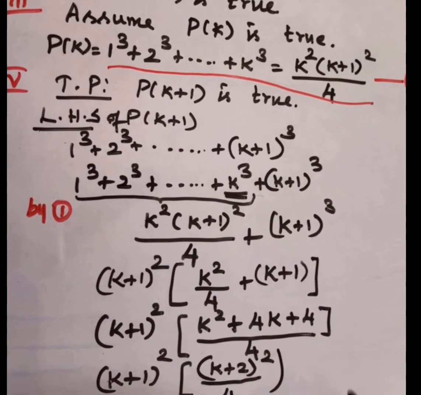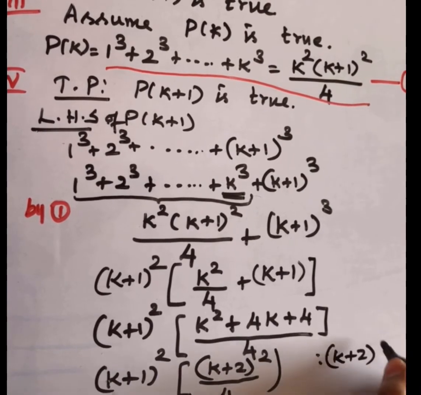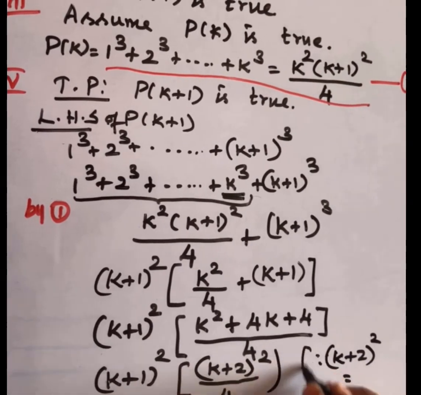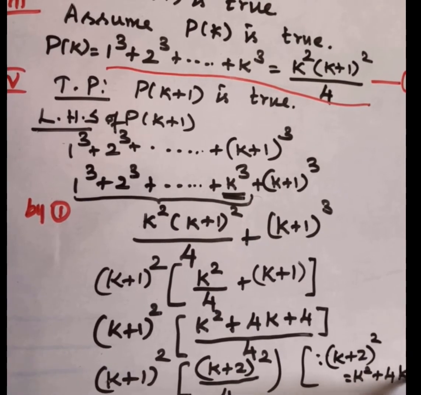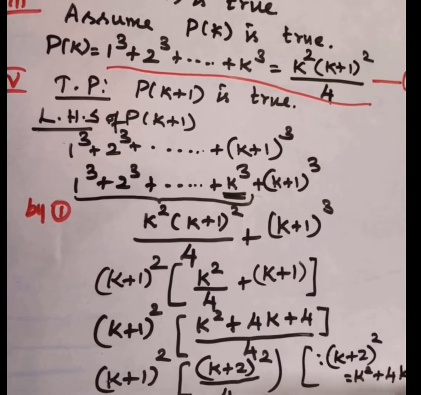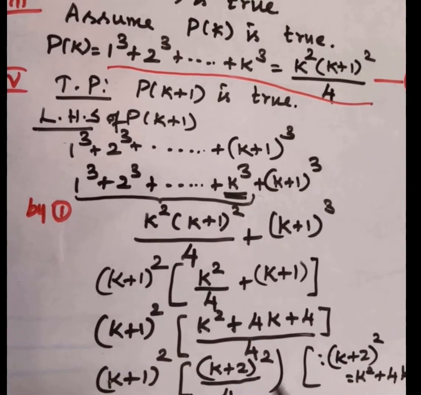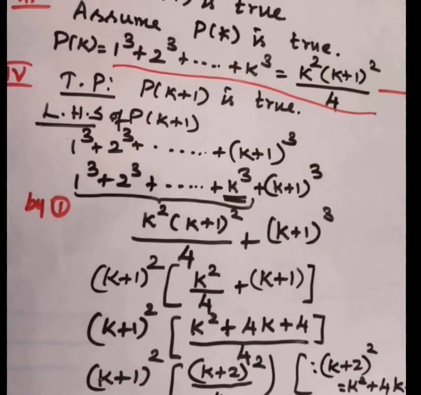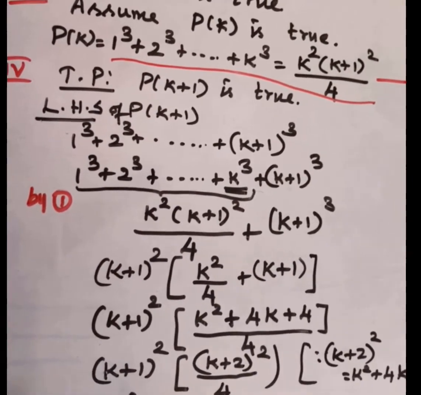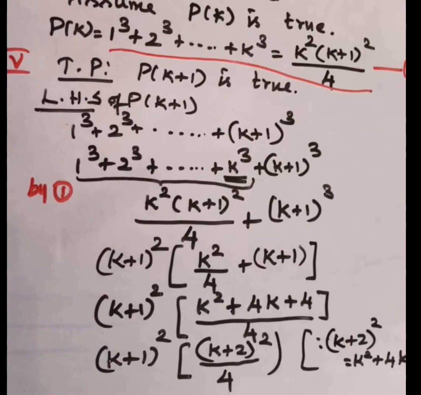You know what is k plus 2 the whole square? Since k plus 2 the whole square is equal to k square plus 4k plus 4, isn't it? So instead of k square plus 4k plus 4, I have written k plus 2 the whole square. Okay, so the given expression is now k plus 1 the whole square into k plus 2 the whole square divided by 4.